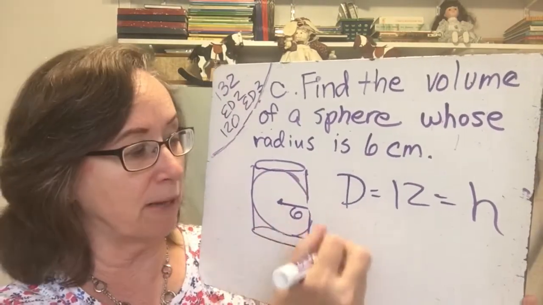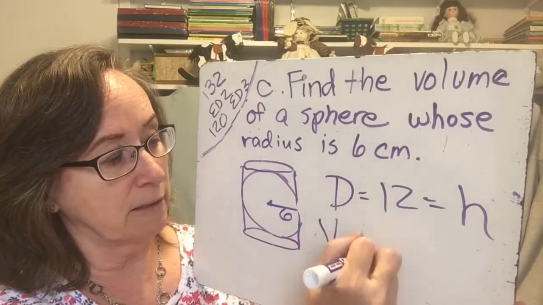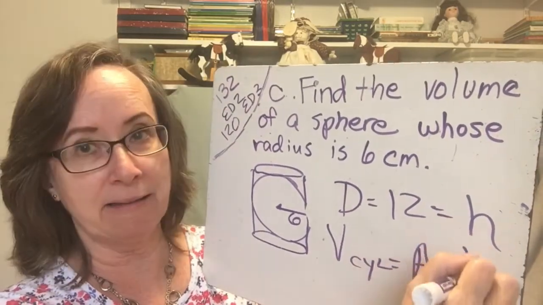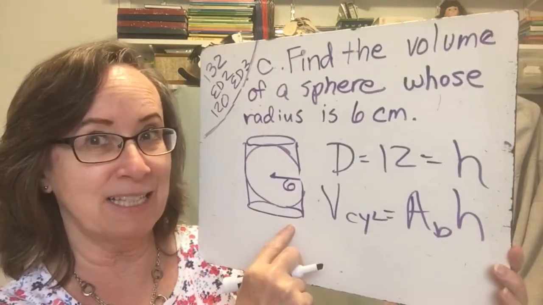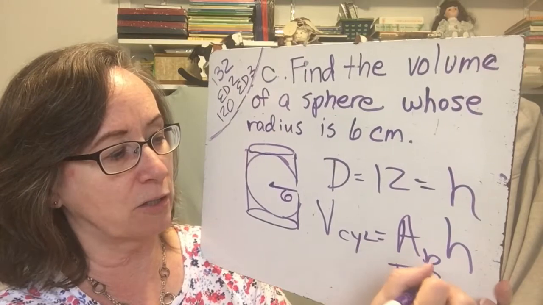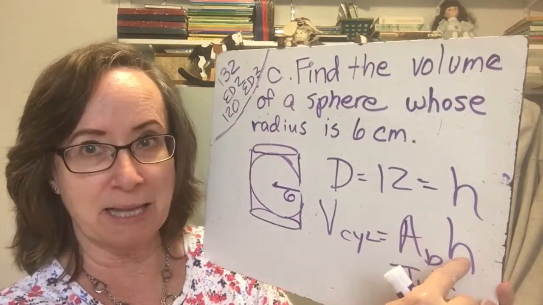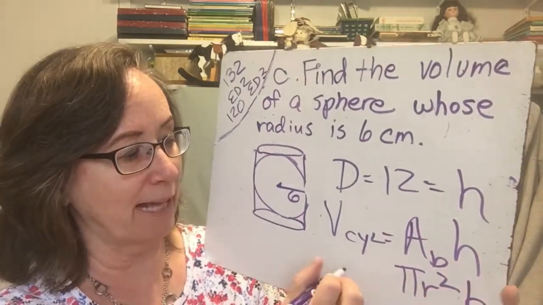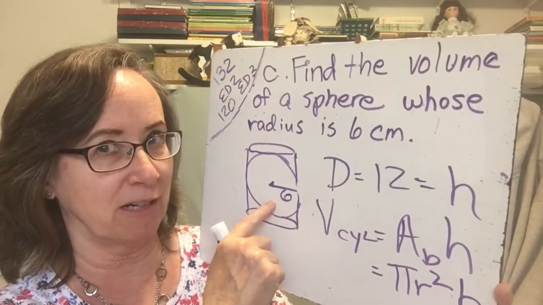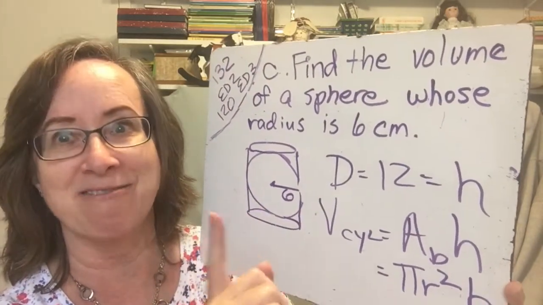So that's going to be the height of the cylinder. The volume of a cylinder is area of the base times the height. The base is a circle, so the area of a circle is pi r squared times the height, and that's going to be the volume of the cylinder. But then the volume of the sphere is going to be 2/3 of that.